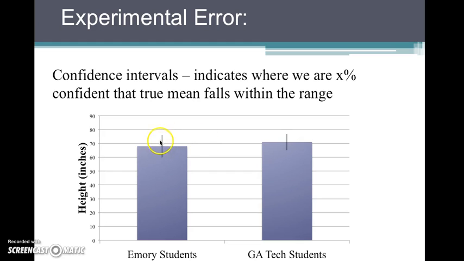Well, given how much these error bars overlap, I would say no, we haven't shown a statistical difference between Emory and Georgia Tech student heights because there's still a large chance that the true population average would actually be the same between these two populations, because these error bars overlap so much.